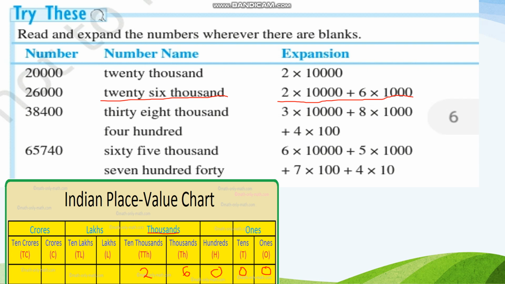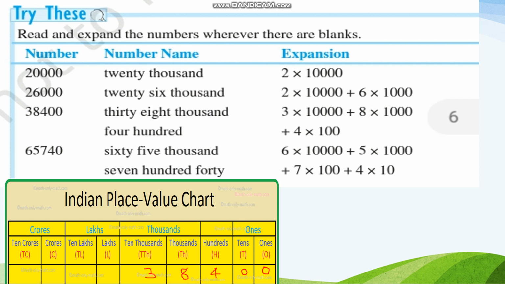Now let's do the next one. Okay. So the next number is 38,400. So arrange this number in the place value chart. 0, 0, 4, then 8 and 3. Okay.